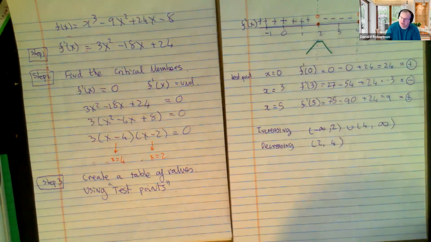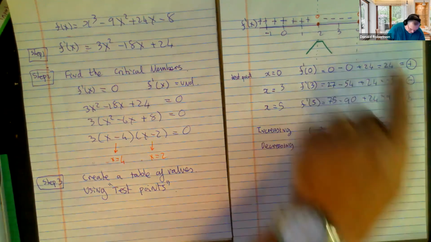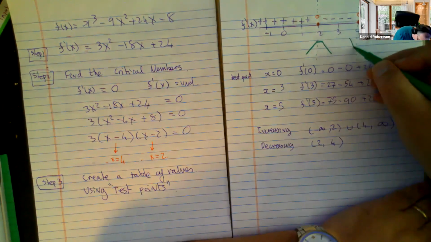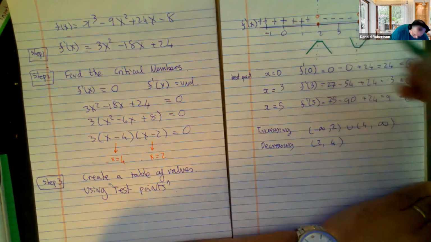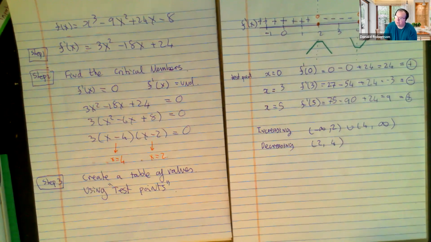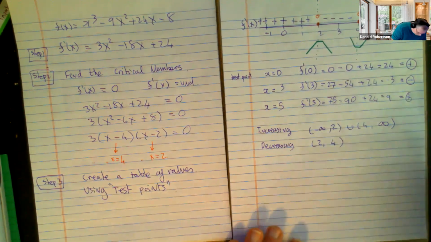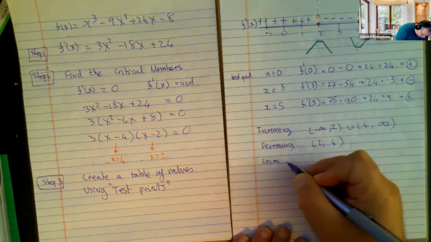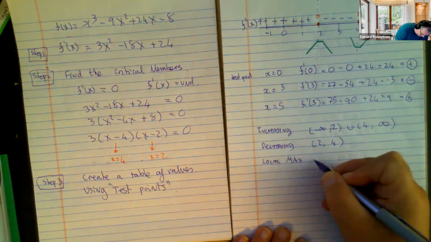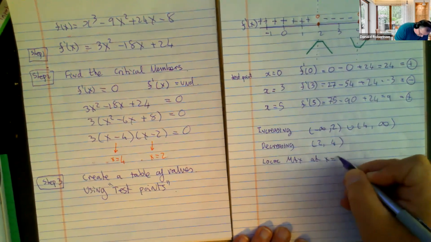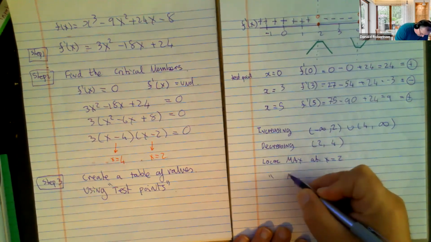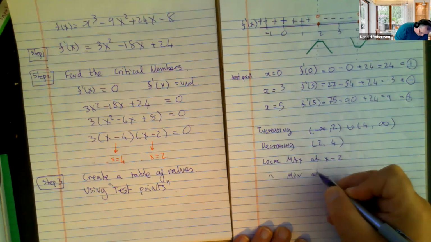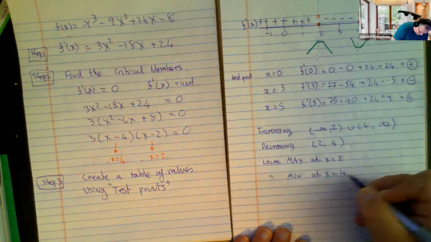Do you see a local maximum there? This one. Negative, then 0, then positive. Do you see a local minimum there? So you can also find from the table of signs that there's a local maximum at x equals 2, and that there's a local minimum at x equals 4.